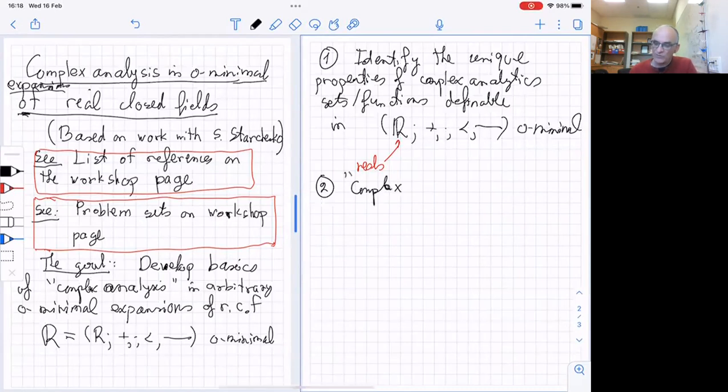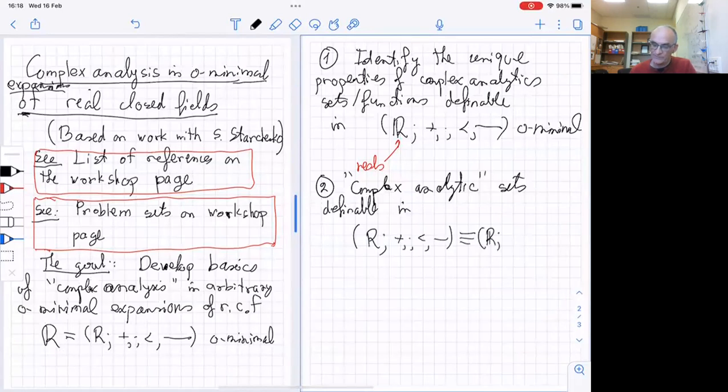So let's talk about, not actually the complex numbers and the real numbers, but instead, let's allow ourselves a little bit more: definable in structures which are elementarily equivalent to structures coming from the real numbers.